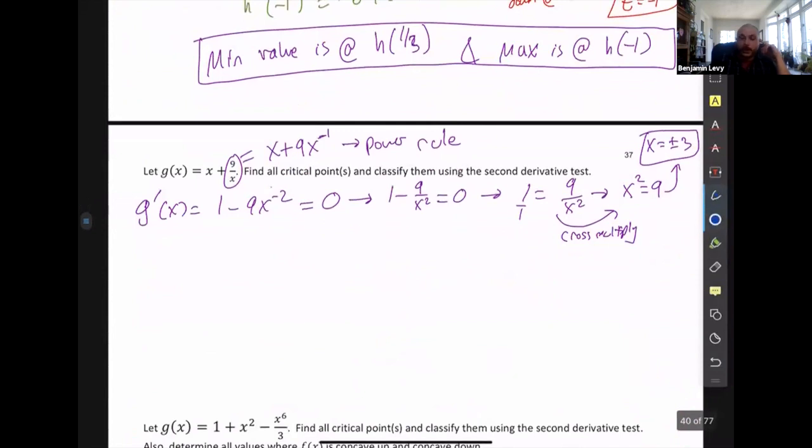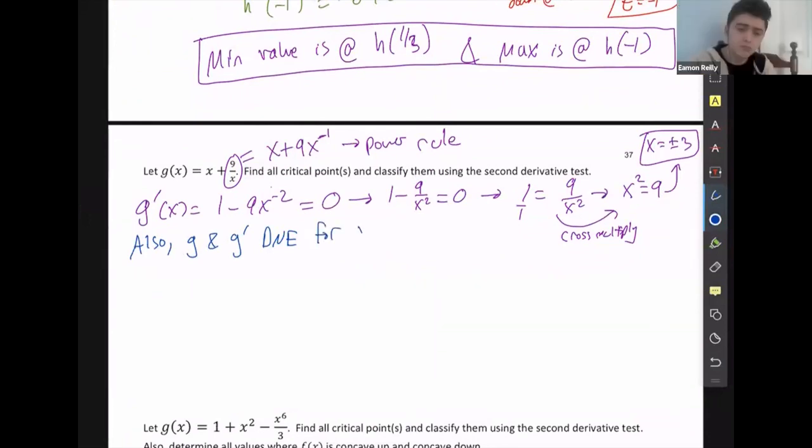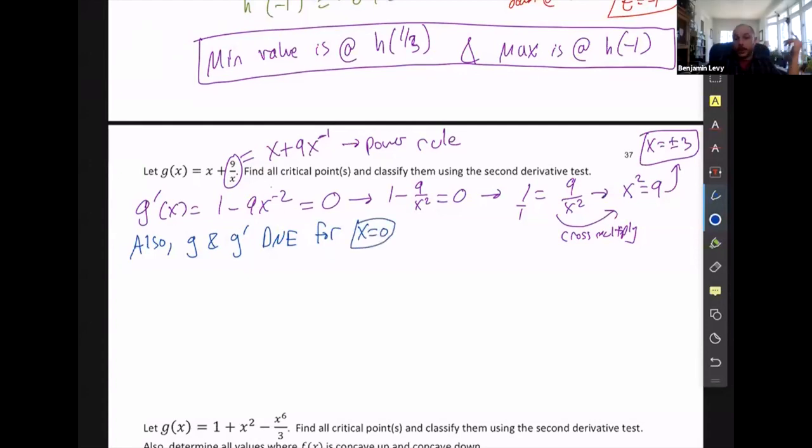So the function and the derivative have what discontinuity? You have x in the denominator of both of them. So what can't we plug in? 0. So that becomes one of the critical points.